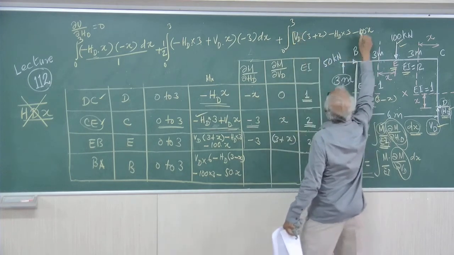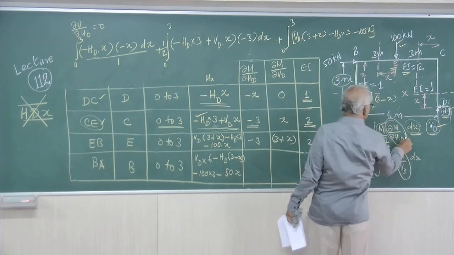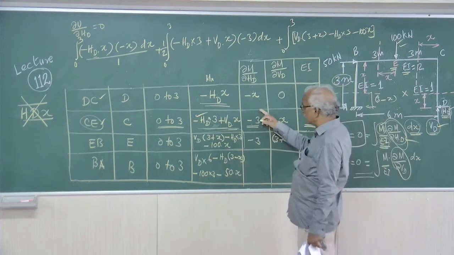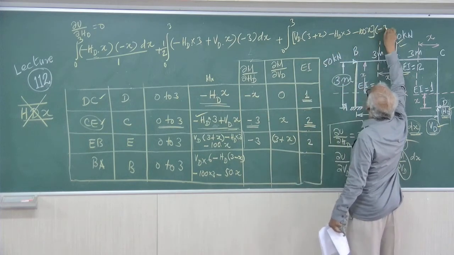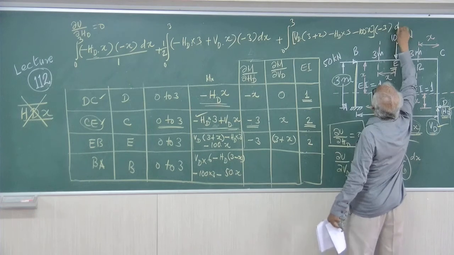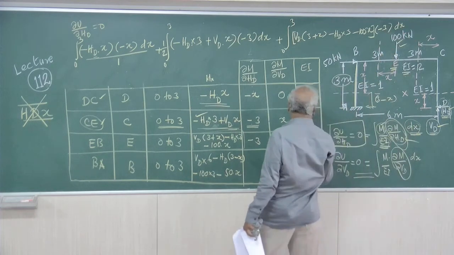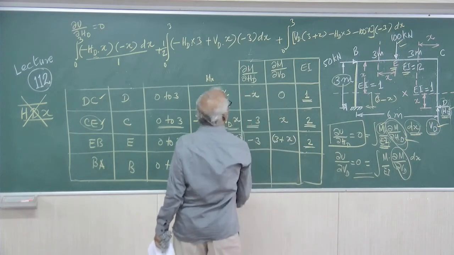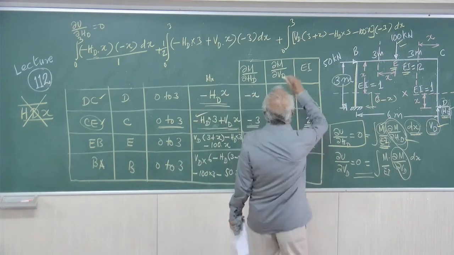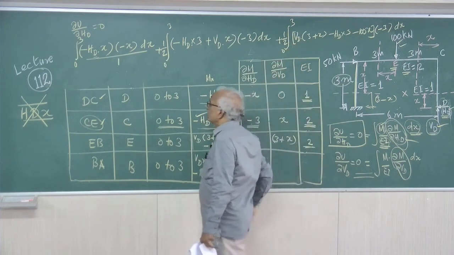So this is the equation for Mx into dou M by dou Hd. Dou M by dou Hd for this is minus 3, so into minus 3 into dx by EI equal to 2. For this also EI equal to 2, so here also you can take 1 by EI outside.